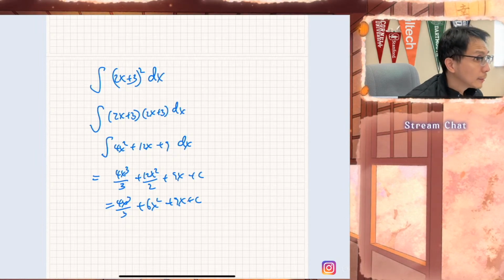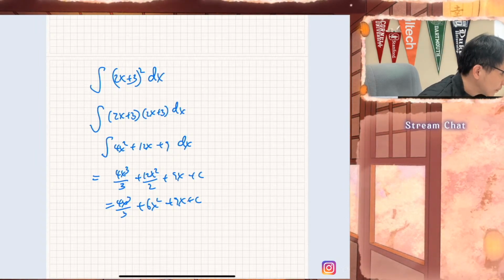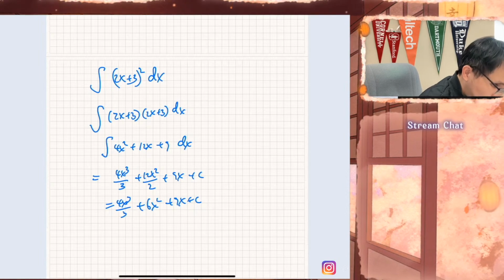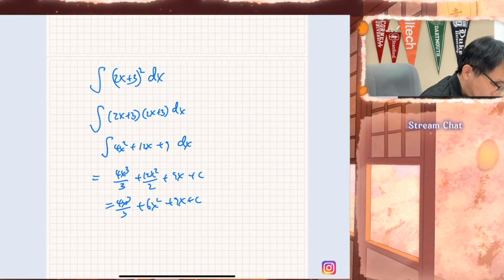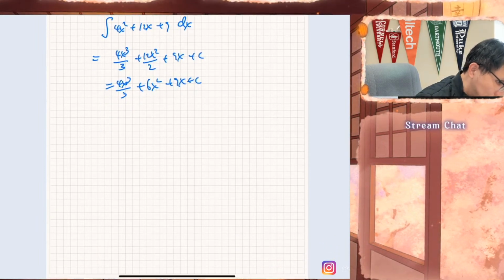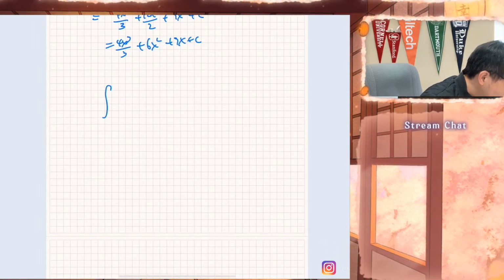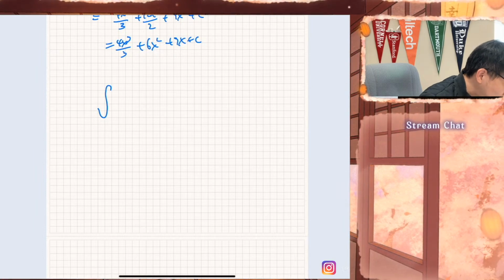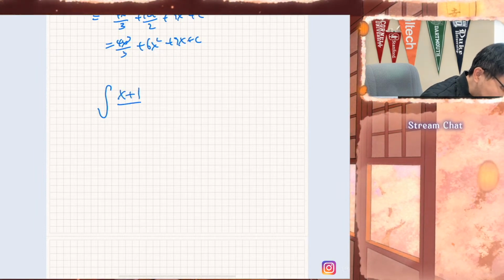Are we okay here? For those of us that are a little confused, which part? How do I take the integration of this?